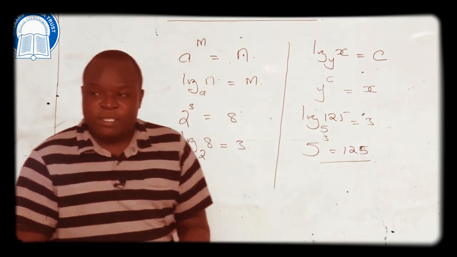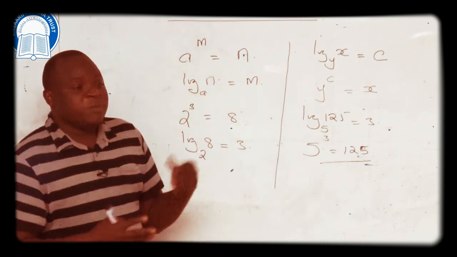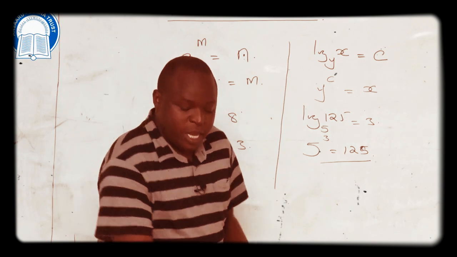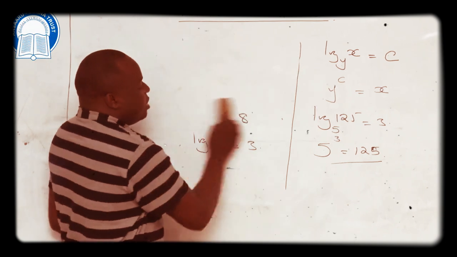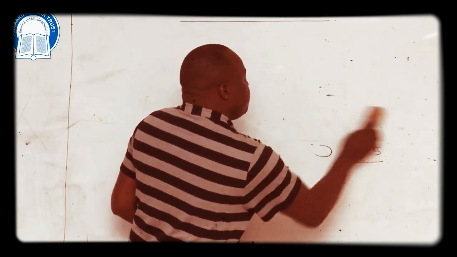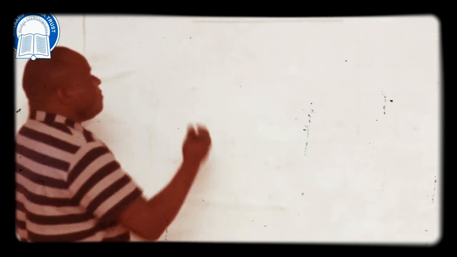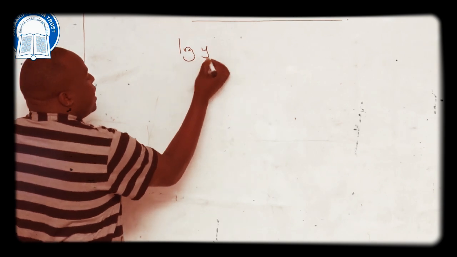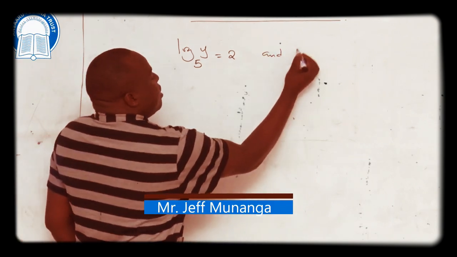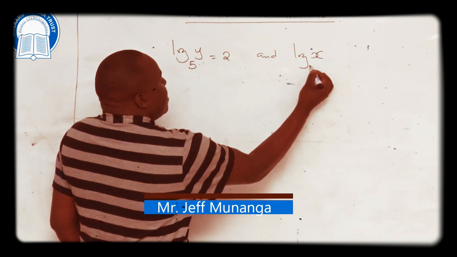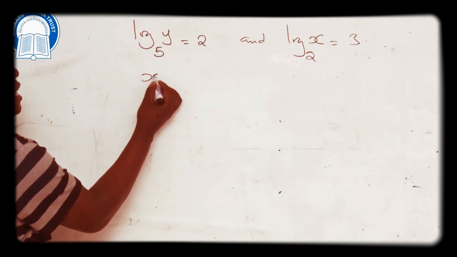At these early stages, the application may not be that much, but with this slight little explanation, you can actually get a question that needs this concept to solve. For example, there may be a question which says, given that log y base 5 equals 2 and log x base 2 equals 3, find the value of xy.